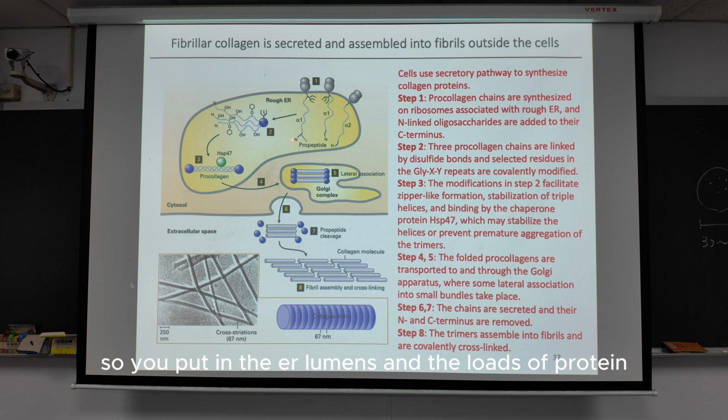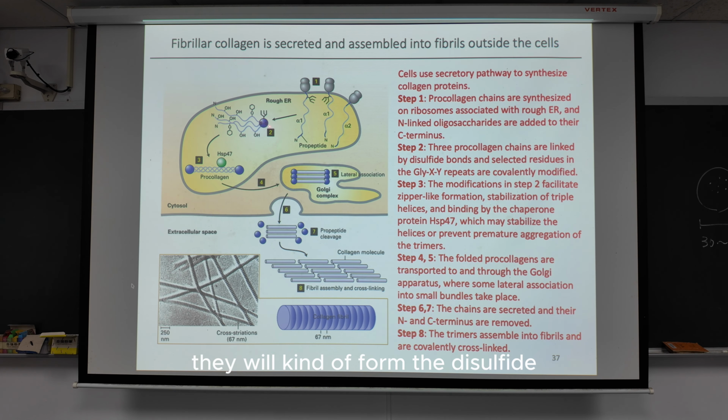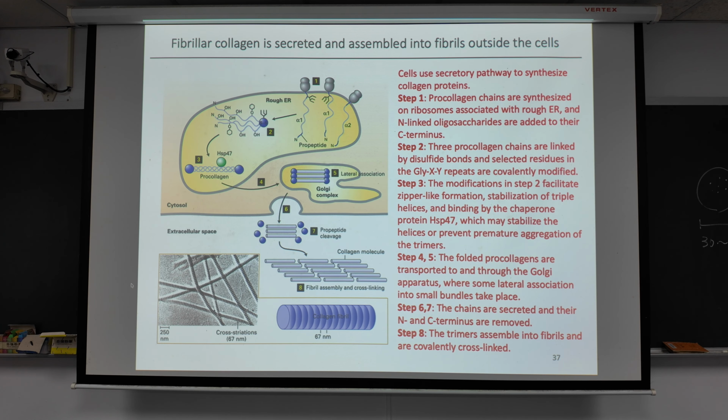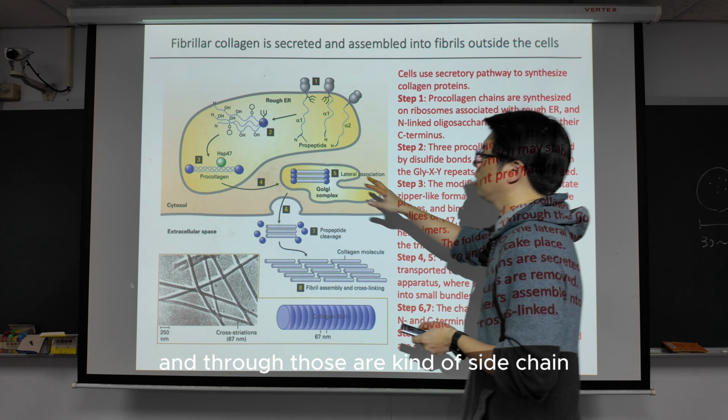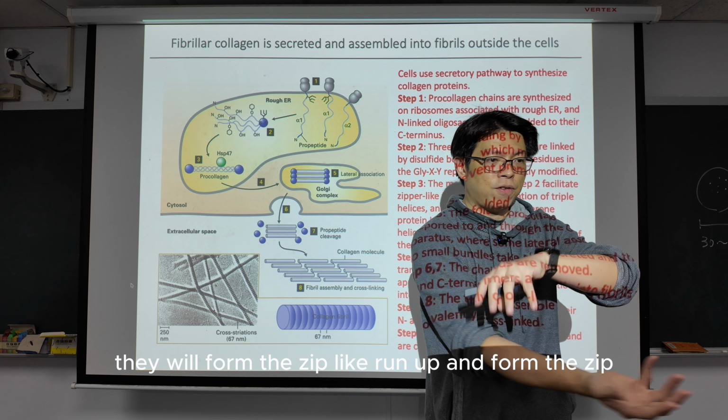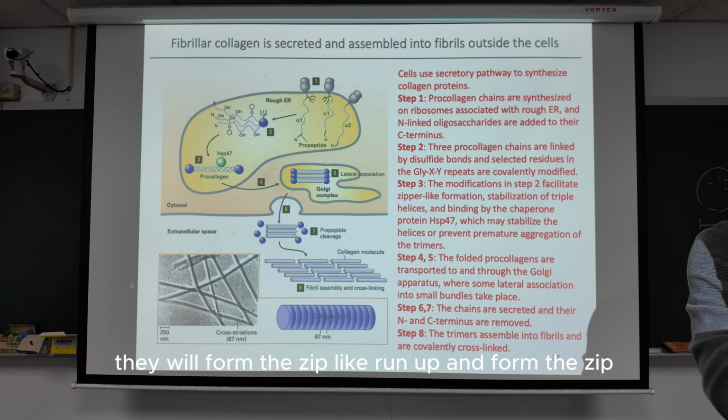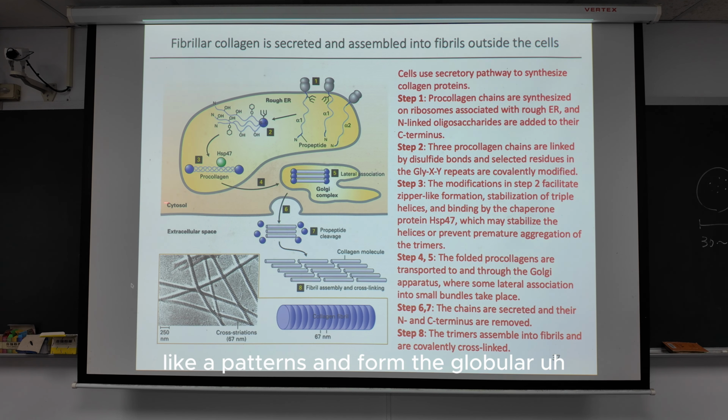And those proteins will form disulfide bonds to assemble the three polypeptides together. And through those side chains, they will wind up and form zip-like patterns, and form the globular domain in the N-terminal and the C-terminal. And they move to the Golgi lumen.